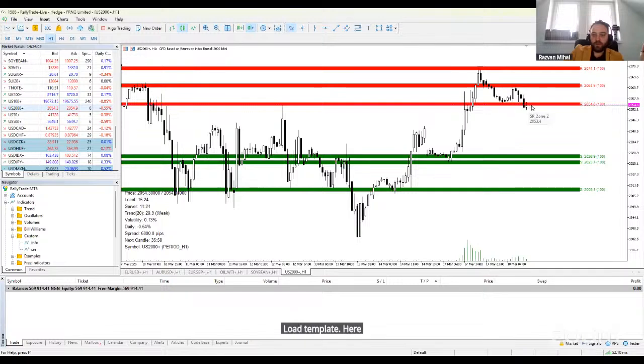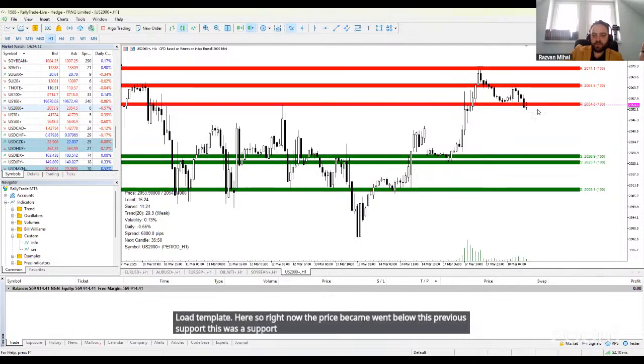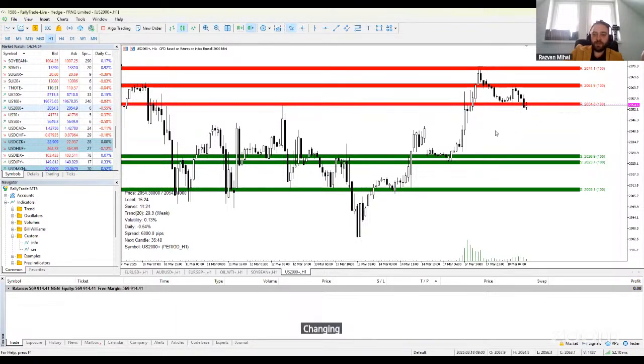So right now the price went below this previous support. This was a support and became resistance, and it's adaptive. So for example, if the price will move up here, this red line will become a green line, and it will become support, changing from resistance, right?